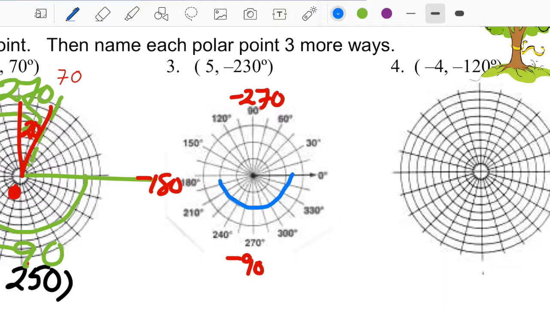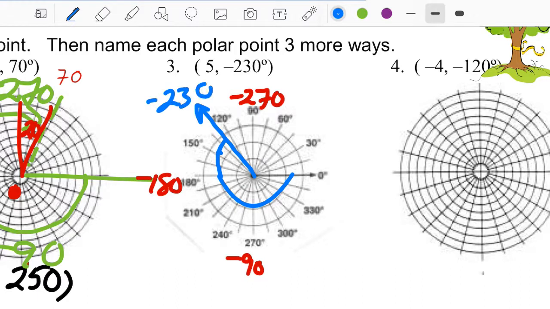That's past negative 90, past negative 180. How far past? Well, 50 degrees past. So 50 degrees past negative 180 is negative 230, and that'll put me in that spot right there.